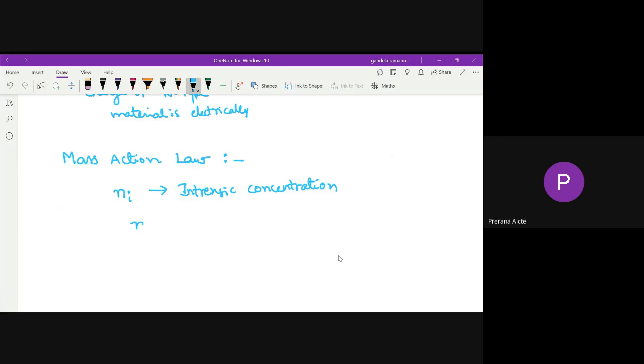The formula is Ni squared equals A naught T cubed e power minus E G naught by KT.